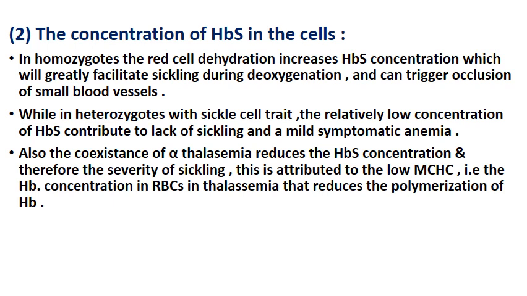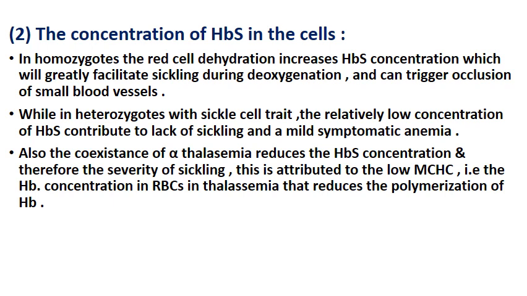And this will then trigger the occlusion of small blood vessels. So when there is dehydration, this leads to increased hemoglobin concentration, which leads to sickling during deoxygenation, and this leads to the occlusion of the blood vessels, occluded by sickling RBCs. This is in the homozygote.